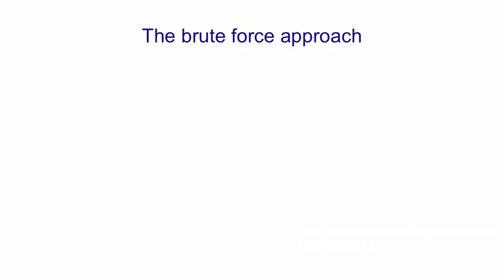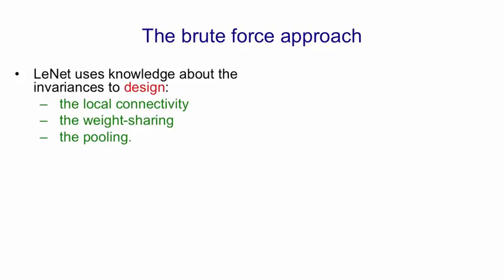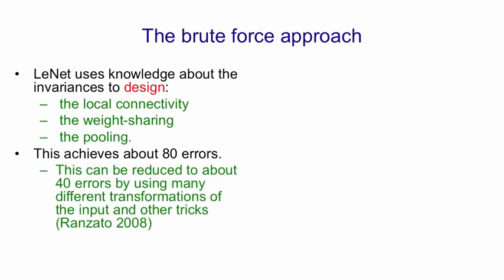So, using the idea of synthetic data, there's a brute force approach to handwritten digit recognition. LeNet 5 uses knowledge about invariances to design the connectivity and the weight sharing and the pooling, and that achieves about 80 errors. Adding a lot more tricks, including synthetic data, Marco Ranzato was able to get that down to about 40 errors.